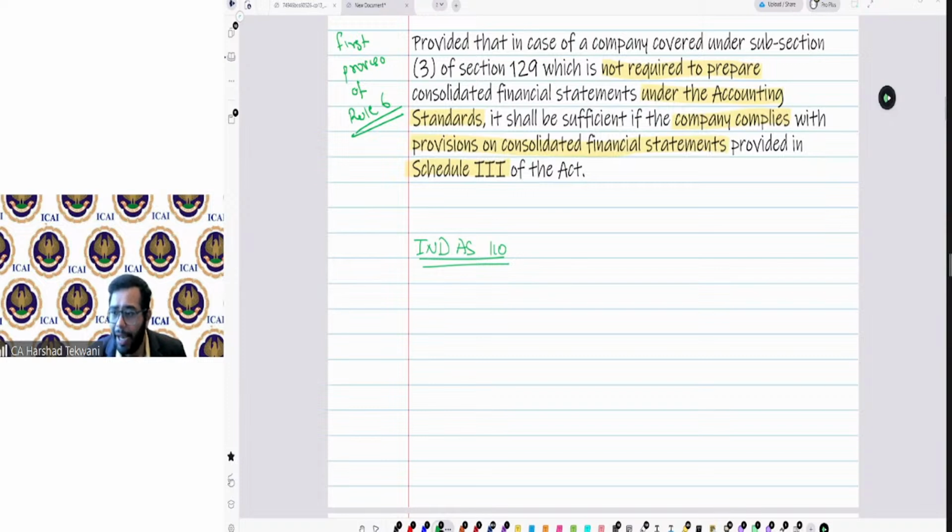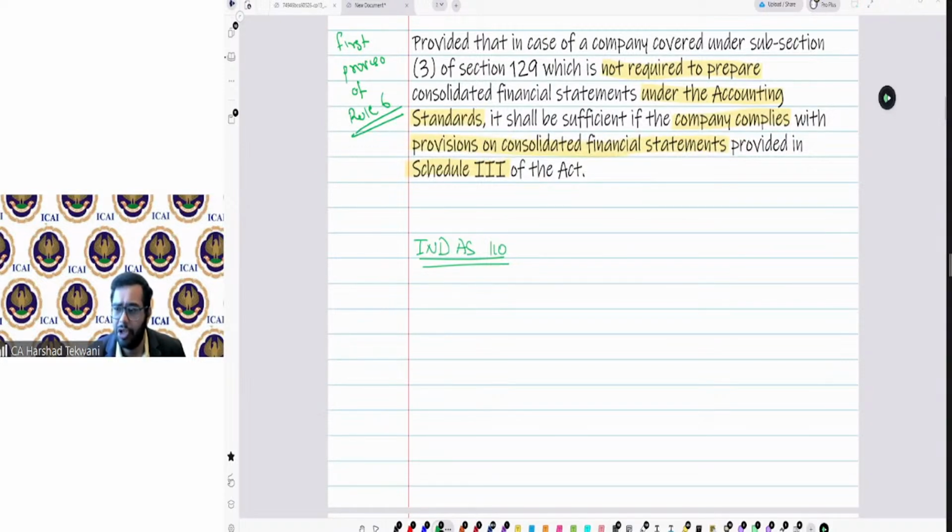So, what Ind AS 110 says with respect to preparation of consolidated financial statement, it provides basically an exemption to an investment entity, and I'll explain what is that.